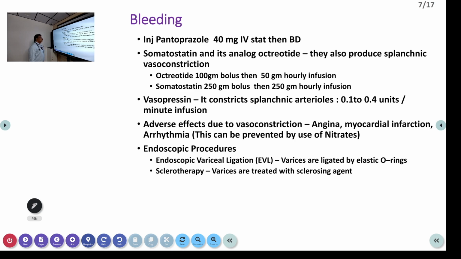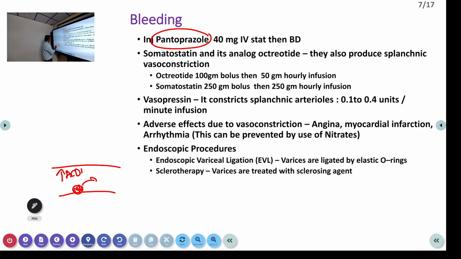Now, the next one is, if there is a bleeding, what to do? You can give pantoprazole. Pantoprazole is given because when there is a bleeding in the stomach, especially an ulcer bleed, the blood is coming out from the ulcer and there will be some clot formation here to prevent the bleeding. What happens if the acid in the stomach is increasing?